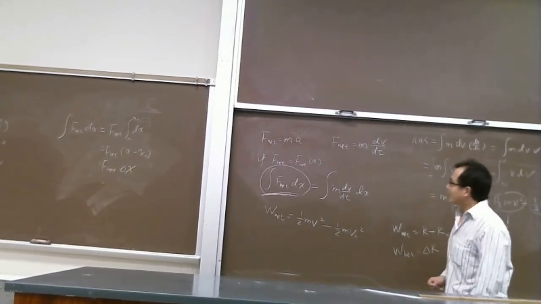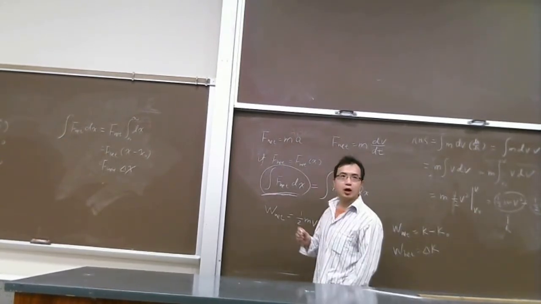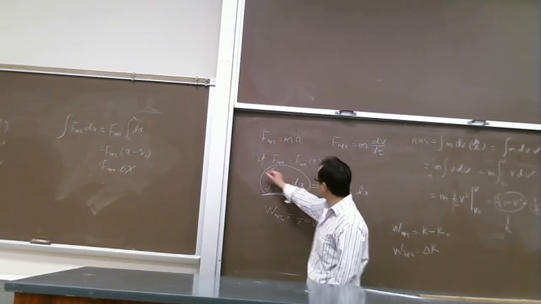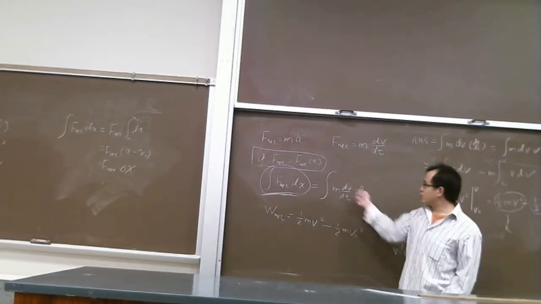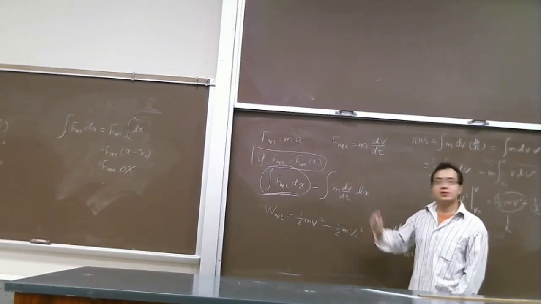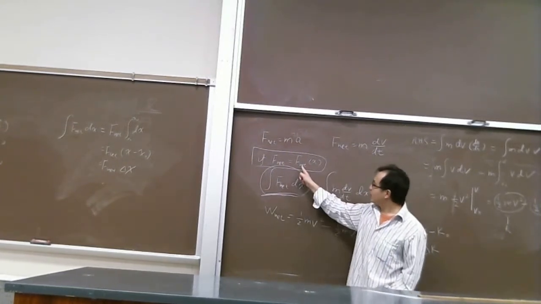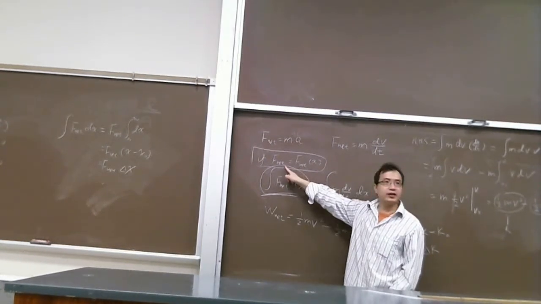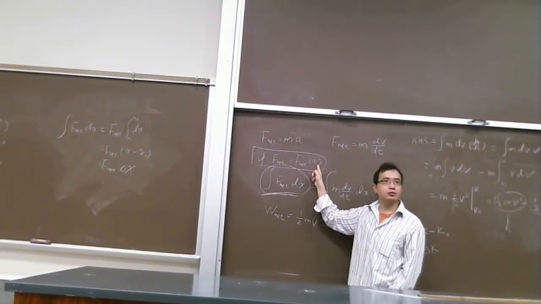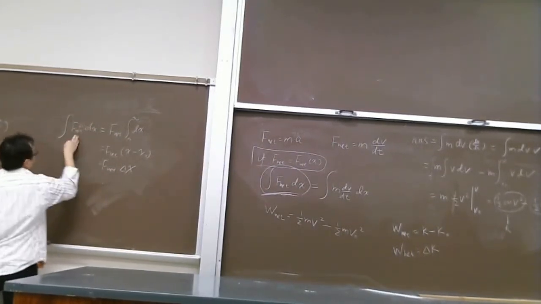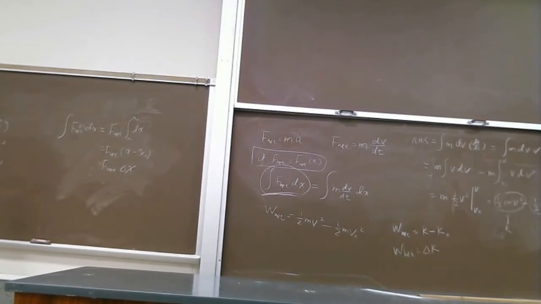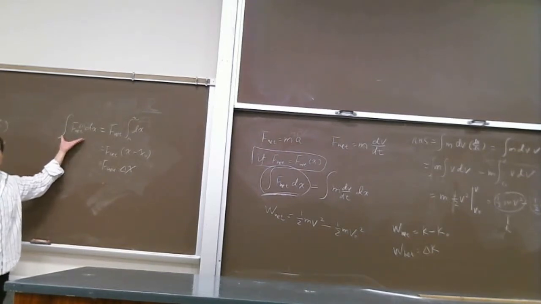Another thing I would like to emphasize is that formally we can always do this integration, but it only makes sense if you can write the net force as a function of position, so you can evaluate this. If the net force cannot be written as a function of position, then it will be useless because you cannot evaluate it.